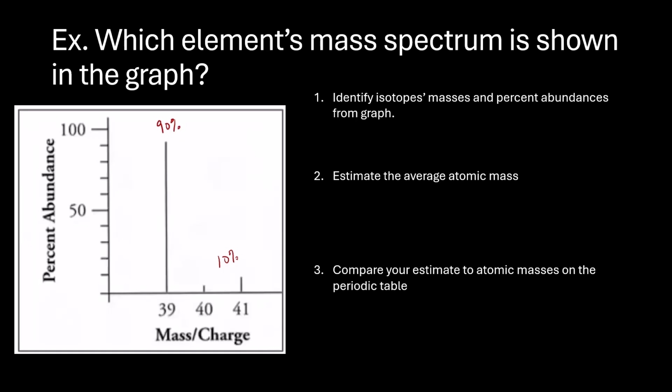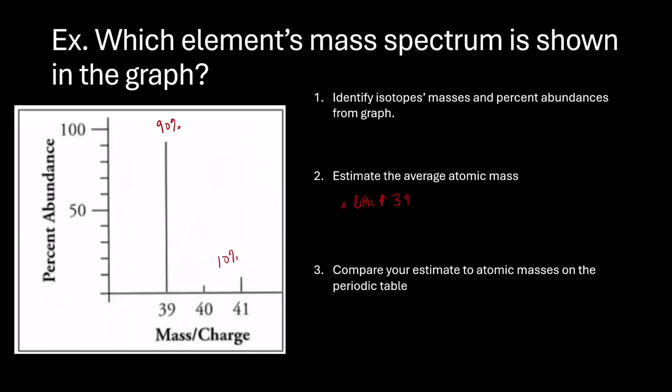Because 39 is so much more abundant than the other two masses, I would say that the average atomic mass is going to be pretty close to 39. So it's going to be 39, a little above. A little higher than 39, but very close to 39.